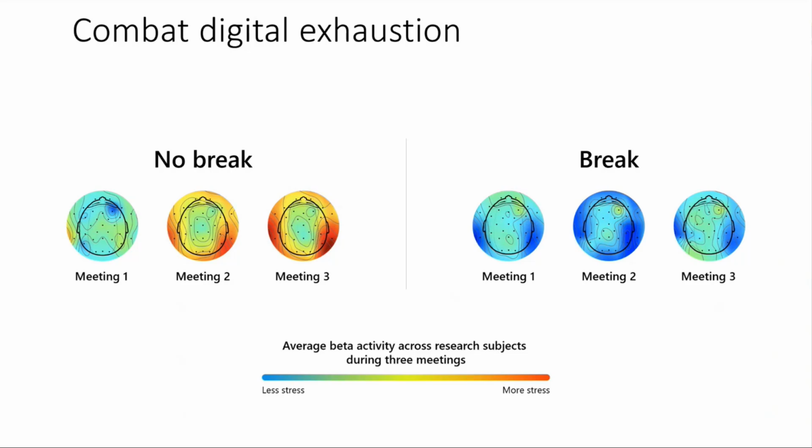Users with meetings back to back without any breaks between experienced quite a bit more stress after 3 meetings. And people with small breaks, even 5 minutes between meetings, didn't experience such great stress, and they were quite relaxed and refreshed after 3 consecutive meetings.